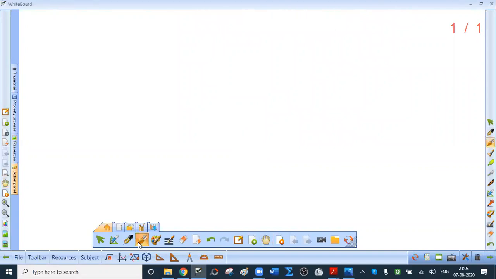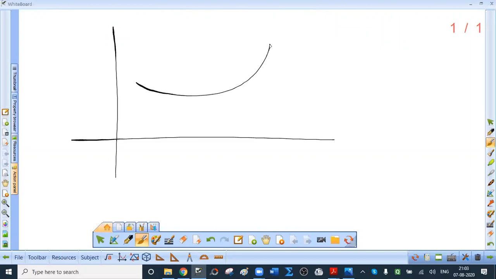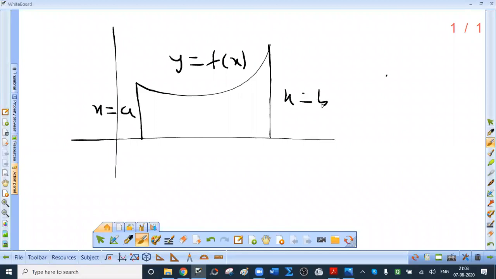Now, what does this represent geometrically? This is interesting. We will be discussing the same in the next topic, which is applications of definite integral. This is the curve y equal to f of x. This is x equal to a. This is x equal to b.